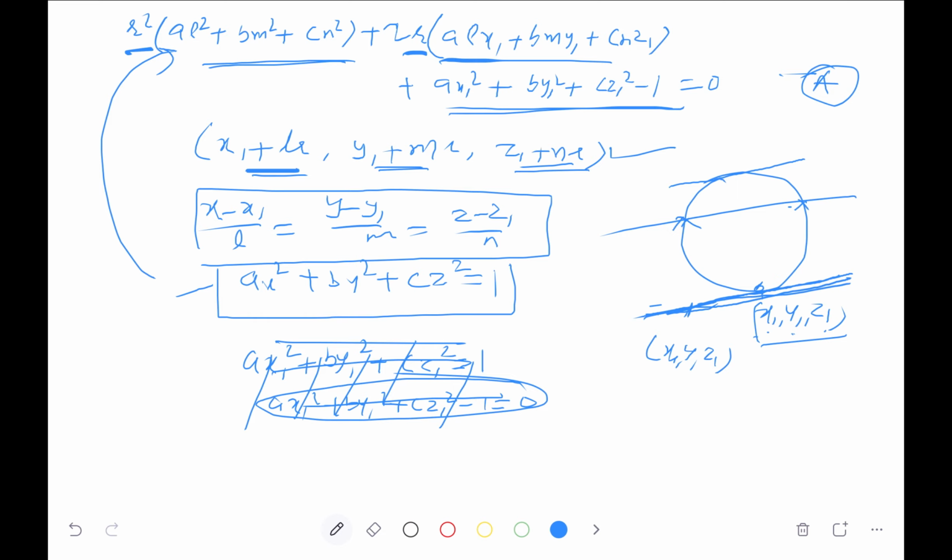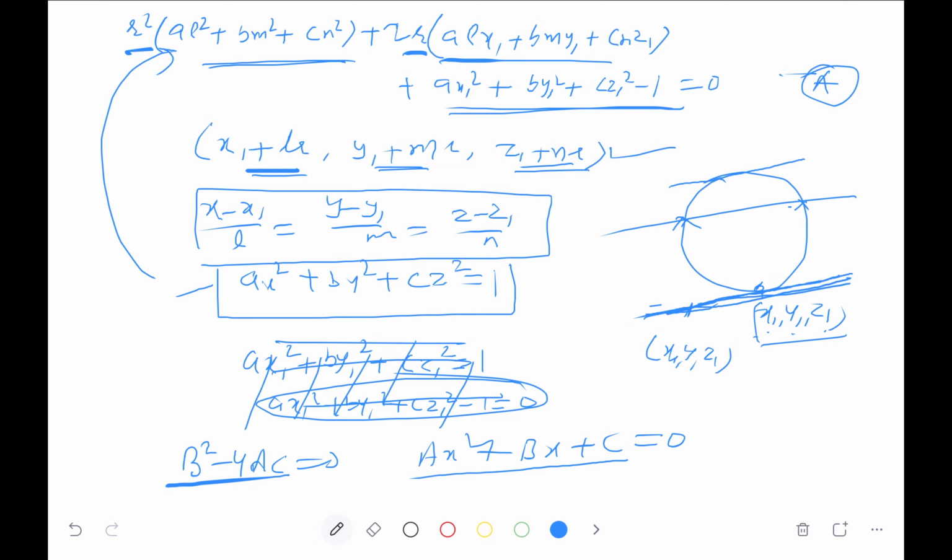And when does a quadratic have two equal roots? When the discriminant b square minus 4ac is equal to 0. In the quadratic equation ax square plus bx plus c is equal to 0, we will have two equal roots if b square minus 4ac is 0.